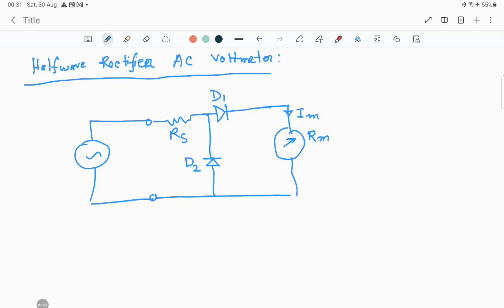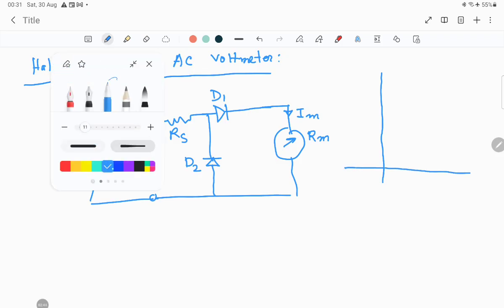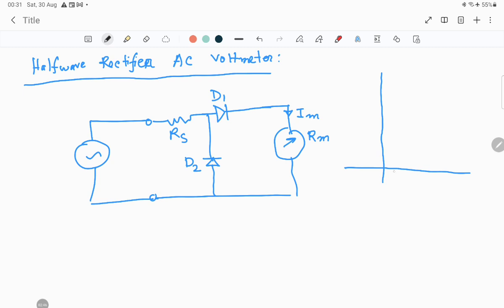If we try to see how the characteristic graph of a diode looks like, this sort of diode characteristic is there. This is the ID, and particularly this is the VT, the threshold voltage.